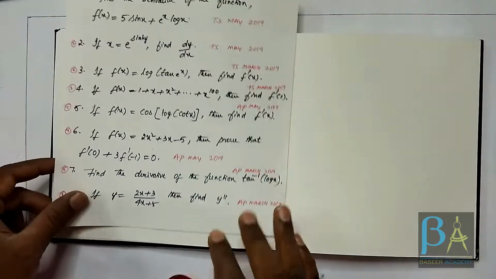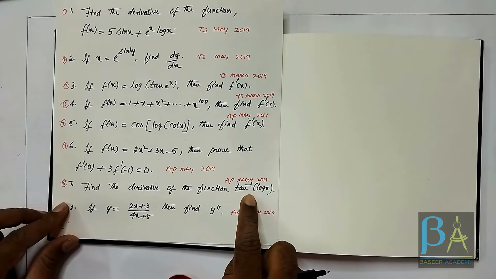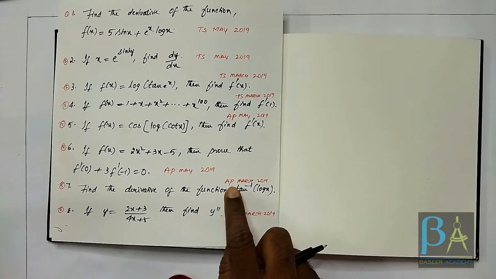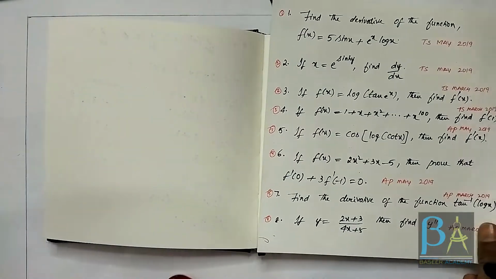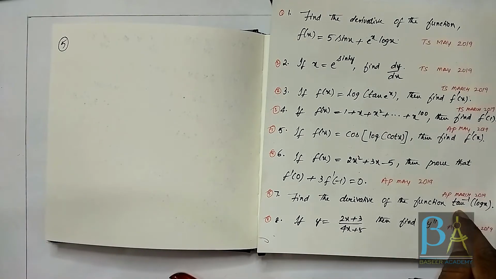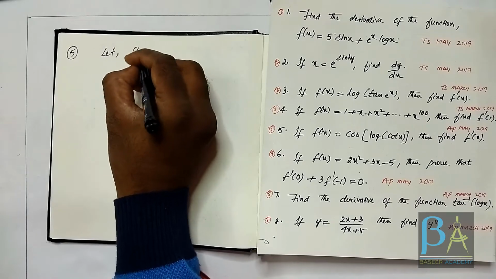The next question says, find the derivative of the function tan inverse of log x. Now this question was asked in AP March 2019 question paper. Let me first write what is given to us here. I have a function tan inverse of log x. Let us take this function as some f of x.